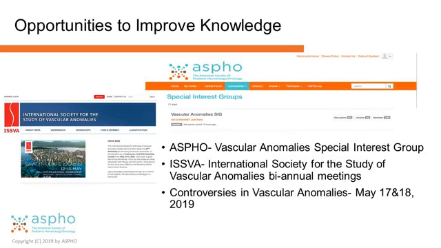You can also consider joining the ASPHO Vascular Anomalies Special Interest Group, or ISPHO, the International Society for the Study of Vascular Anomalies, which currently meets every other year, or consider attending the biannual Controversies in Vascular Anomalies Conference, which will take place in New York City, May 17th and 18th of this May.